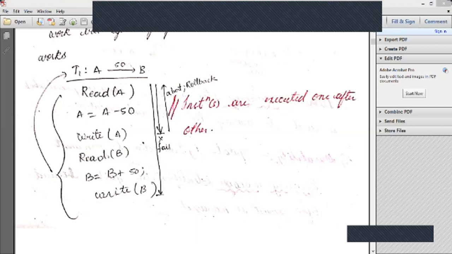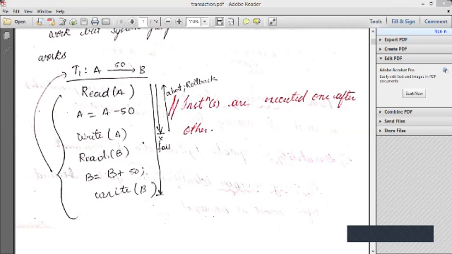Then the transaction is incomplete. So it is in an inconsistent state. Your database is basically in an inconsistent state.